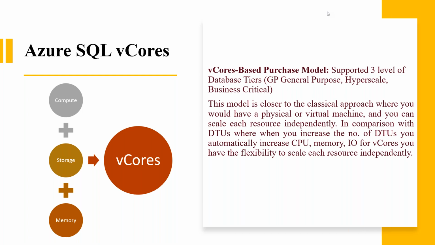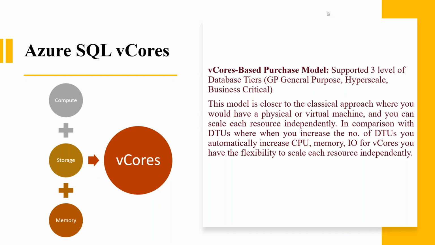For vCore, you have the flexibility to scale each resource independently. This is a classic approach where you select the RAM, the core processors, and the storage independently. There is no dependency. CPU, memory, and IO work independently.